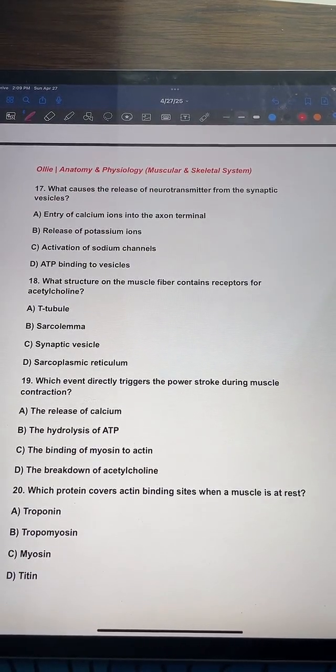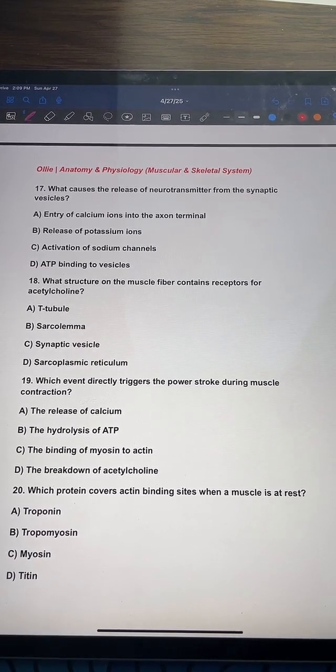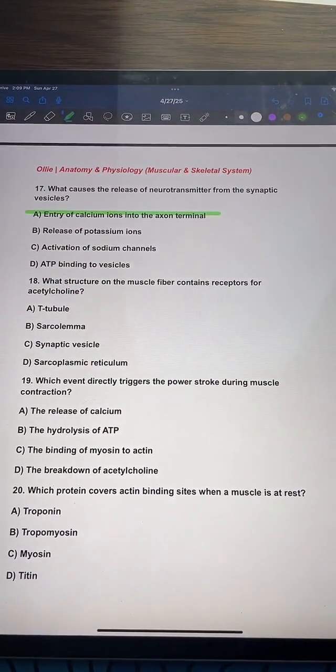Number 17, what causes the release of neurotransmitter from the synaptic vesicles? The answer is A. This is the entry of calcium ions into the axon terminal.